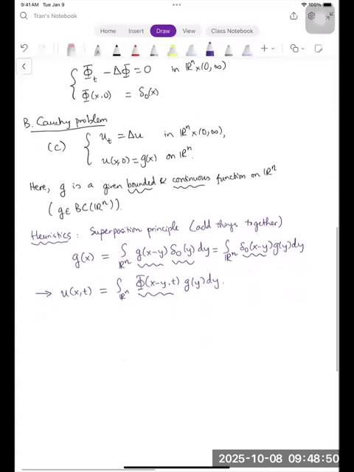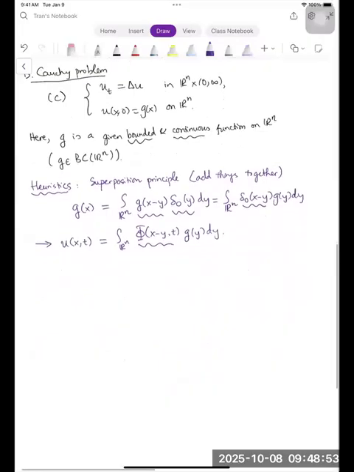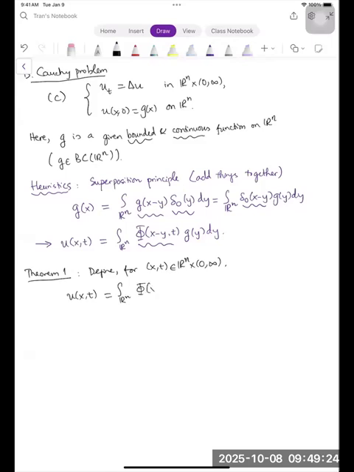And in fact, this is exactly our first theorem for the day. So let me state theorem number one. We define, for (x,t) in R^n cross (0, infinity), because the fundamental solution is essentially only defined for t greater than 0, u(x,t) equals the integral over R^n of phi(x minus y, t) g(y) dy.